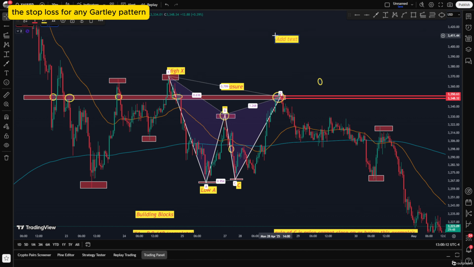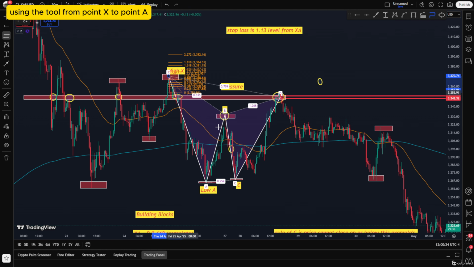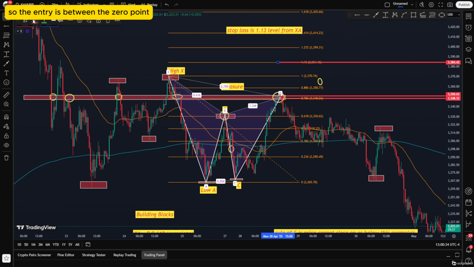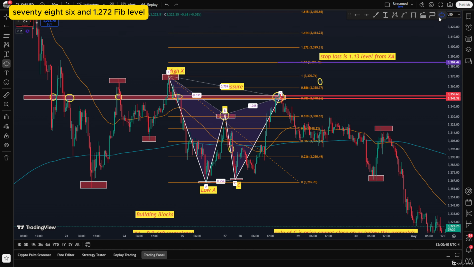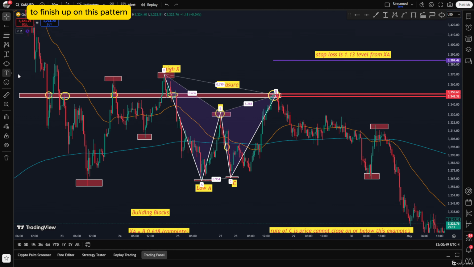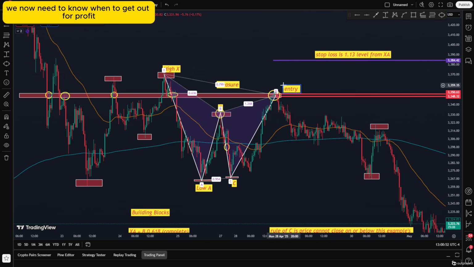The stop loss for any Gartley pattern is going to be the 1.13 Fibonacci level using the tool from point X to point A. The 1.13 is a true invalidation level. So the entry is between the 0.786 and 1.272 fib level.